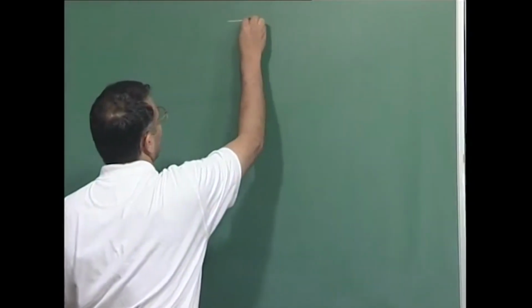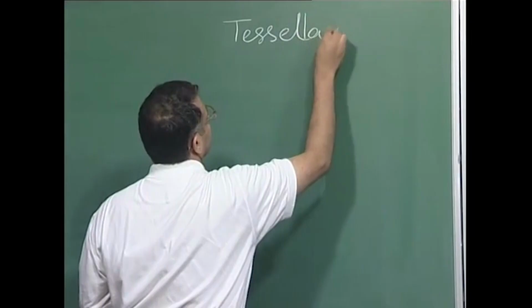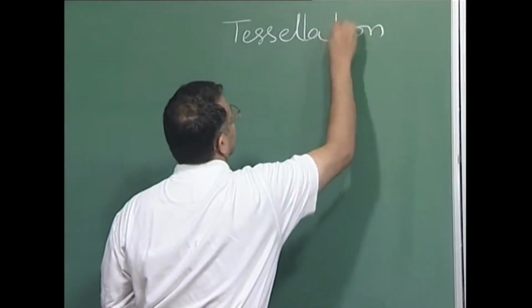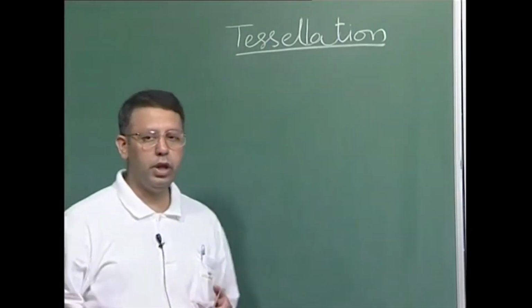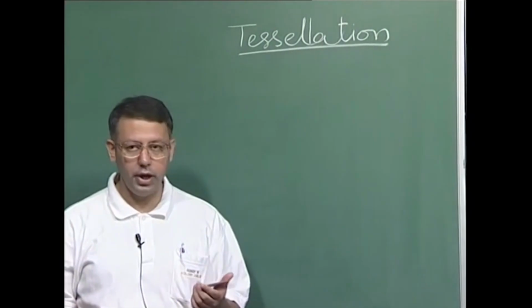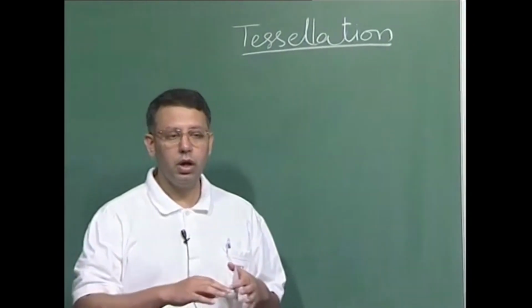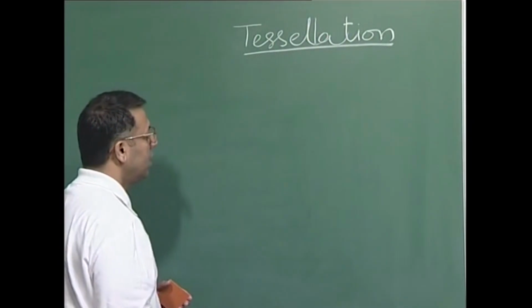Let us explore the concept of tessellation. Tessellation means putting together tiles, which could of course be 1-dimensional, 2-dimensional, 3-dimensional tiles, to fill or put them in various dimensions of space.